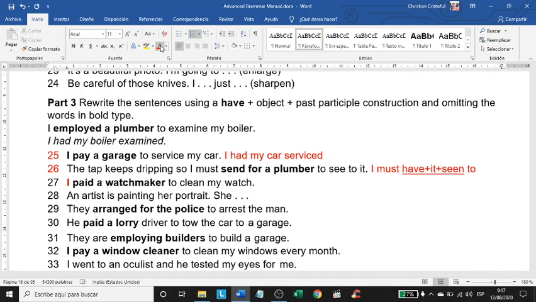Seen is the past participle form of see. Okay, so this is what I did not take into account on Monday, and I need to correct my mistake. Okay, I must have it seen to. The verb is to see to. See to. This is the verb. Okay.